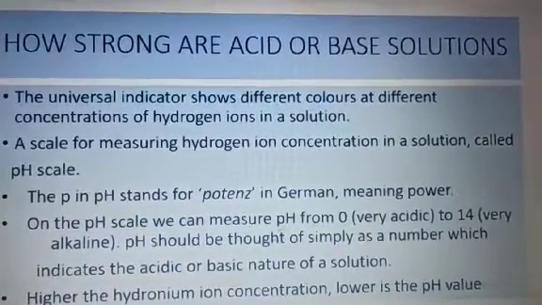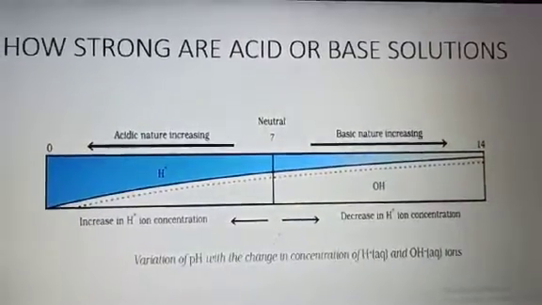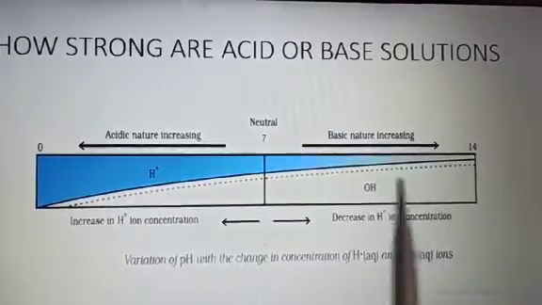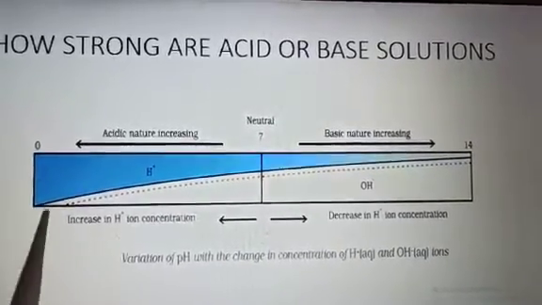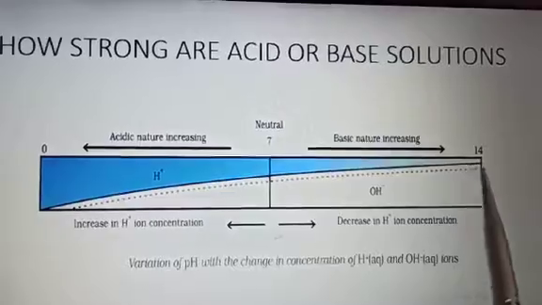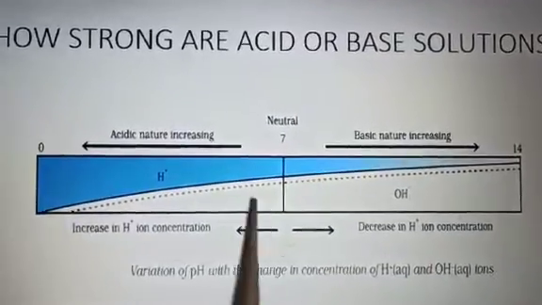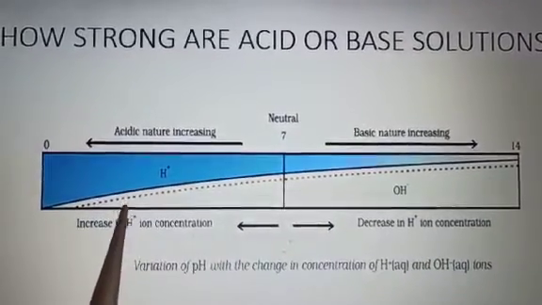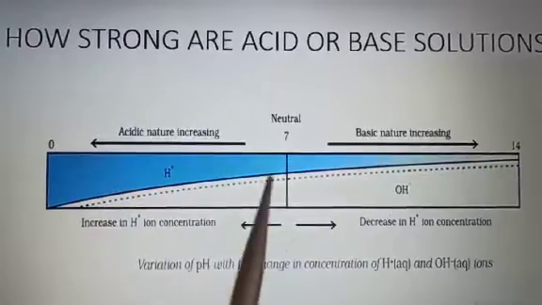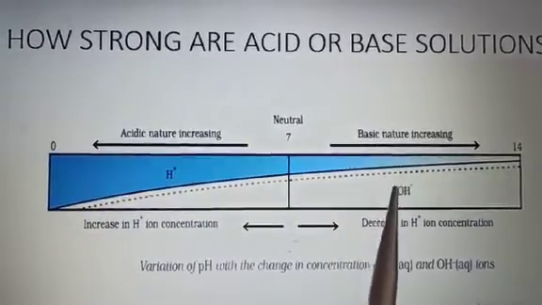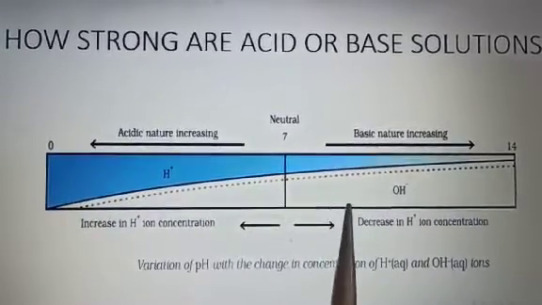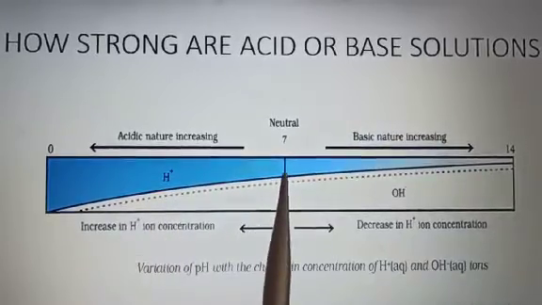You can see in this a pH scale. It starts from 0 and ends at 14. And you can see that H+ and OH- are given. OH- is shown with the white area and H+ is shown with the blue area.